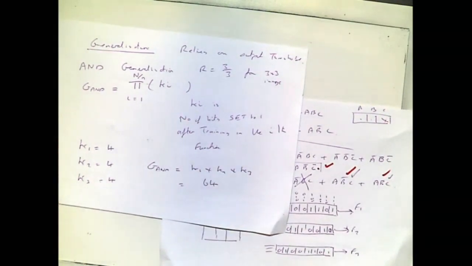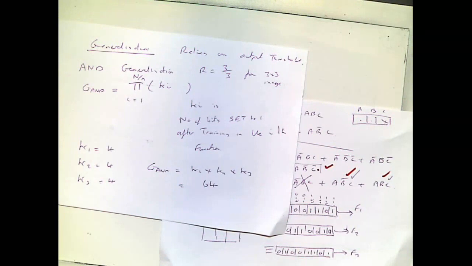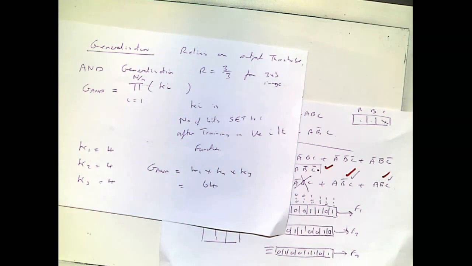So having trained that net, 64 patterns will be recognized. 9 of them will be the training patterns. So the generalization is capturing 55 new patterns, which are, according to this net, X-like.